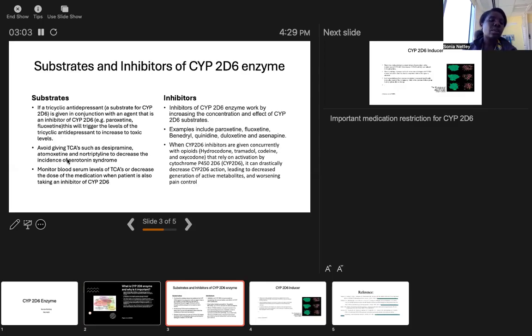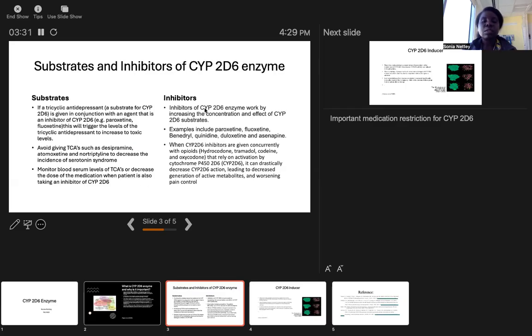So it's important to avoid giving TCAs such as desipramine and other medications like atomoxetine and nortriptyline to decrease the incidence of serotonin syndrome. And also monitor blood serum levels of TCAs or decrease the dose of the medication when the patient is also taking an inhibitor of this enzyme.